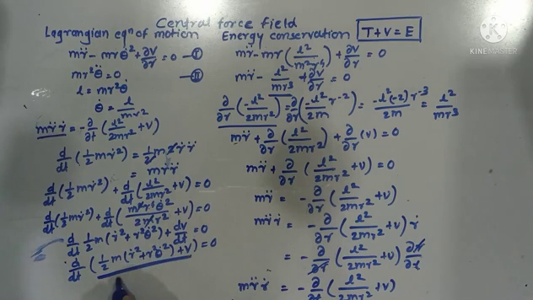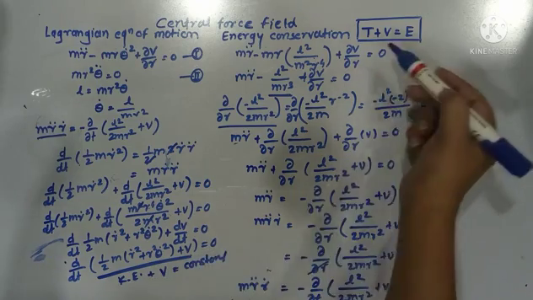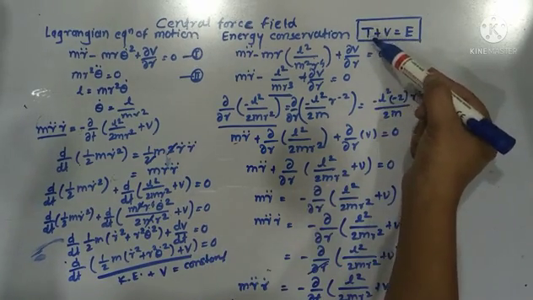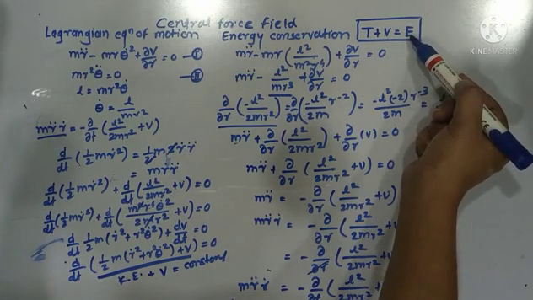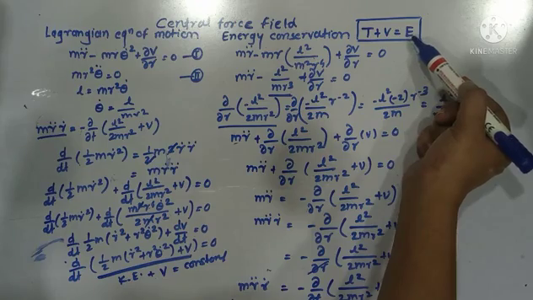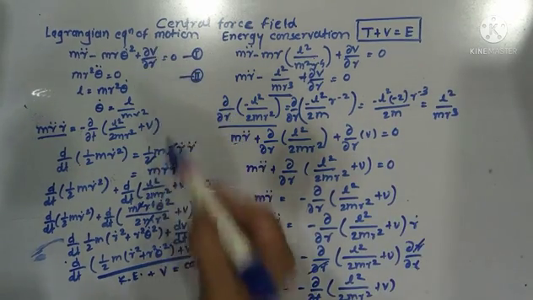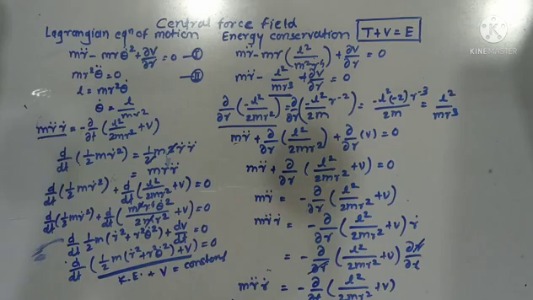This is the kinetic energy which we have calculated in a previous lecture, plus this is the potential energy, and which is equal to constant. We wanted to prove this: T plus V is equal to constant, which is equal to the total energy. Thus, from the Lagrangian equation of motion, energy conservation in a central force field is proved.